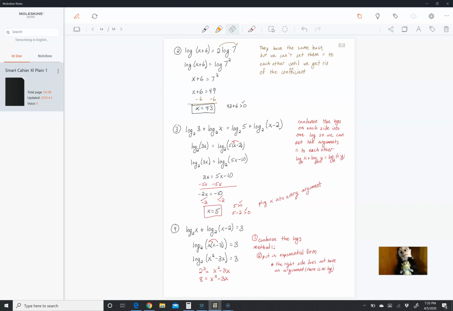Subtract 8 from both sides. You get x squared minus 3x minus 8 equals 0. So you're putting it in exponential form, and that's where you get 2 to the third equals x squared minus 3x, and you get 8 equals x squared minus 3x. This is quadratic, set it equal to 0.